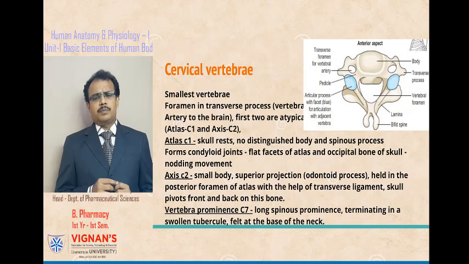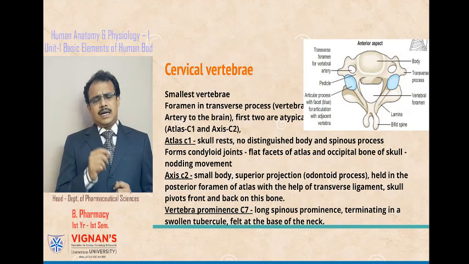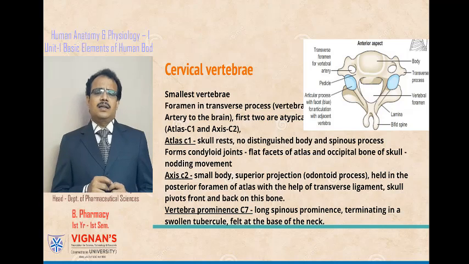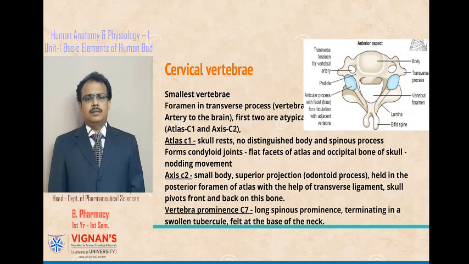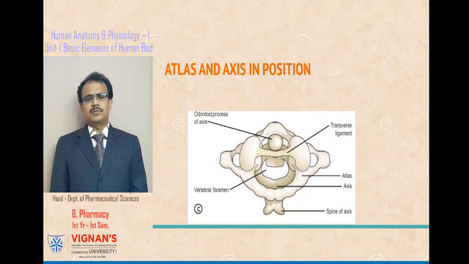The odontoid process occupies the body foramen of atlas, and they are fastened with each other by a transverse ligament. And this attachment of atlas and axis gives the sidewise movement of the head because it forms the pivot joint.